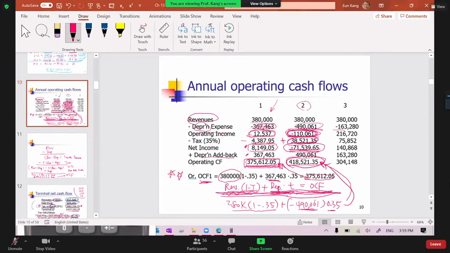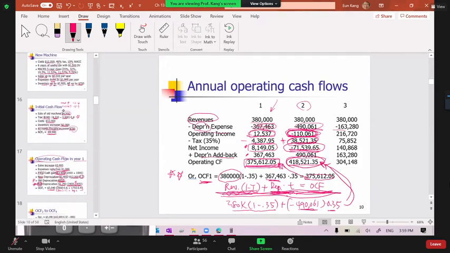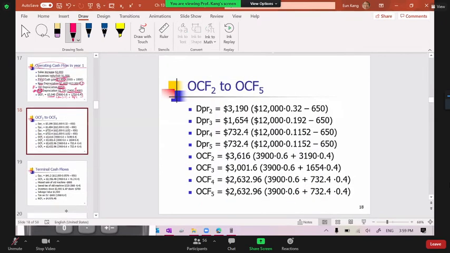Simple. But in the replacement analysis, you have not only the new machine's depreciation, but you also have to subtract the old machine's depreciation. So it's a net depreciation. So that's why it's 1,750 times 0.4. Okay, revenue times 0.6 plus that. Thank you for asking.